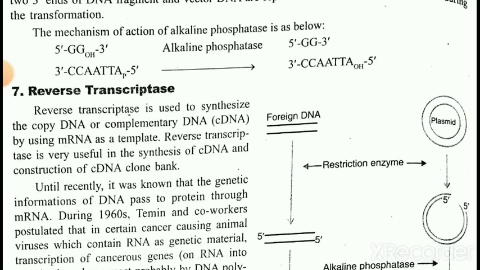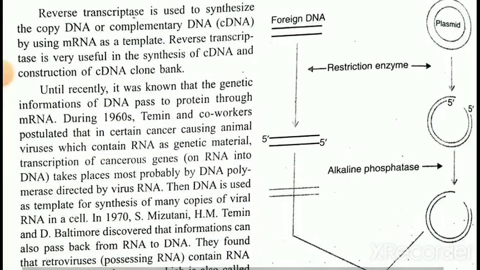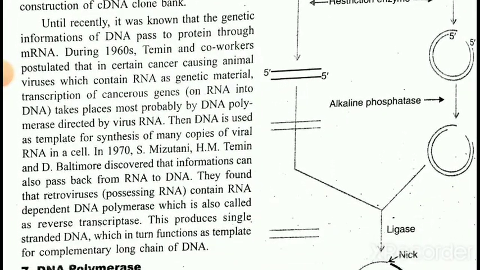During 1960s, Temin and co-workers postulated that in certain cancer-causing animal viruses which contain RNA as genetic material, transcription of cancerous genes on RNA into DNA takes place, most probably by DNA polymerase directed by virus RNA. Then DNA is used as template for synthesis of many copies of viral RNA in a cell.